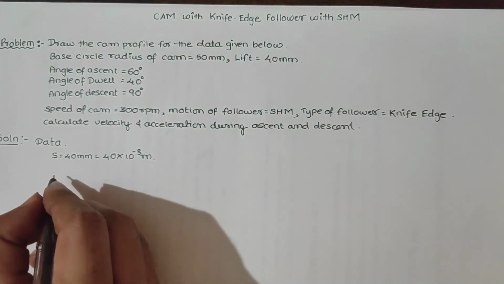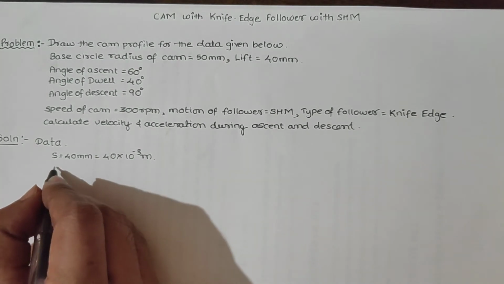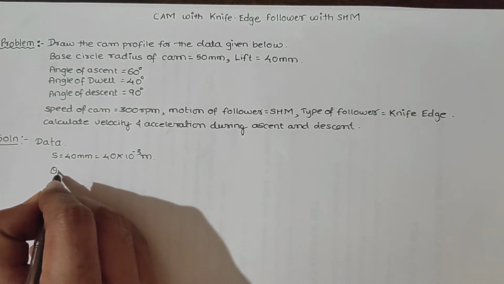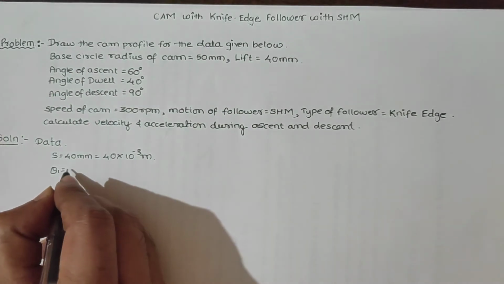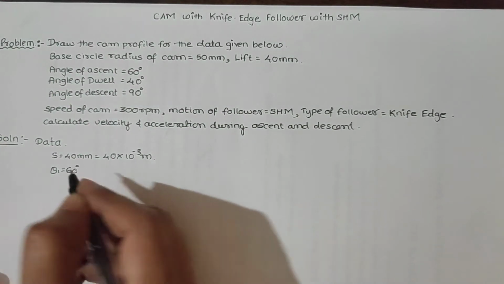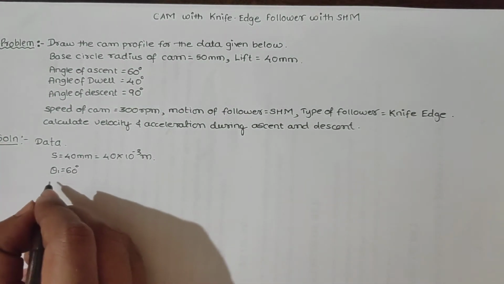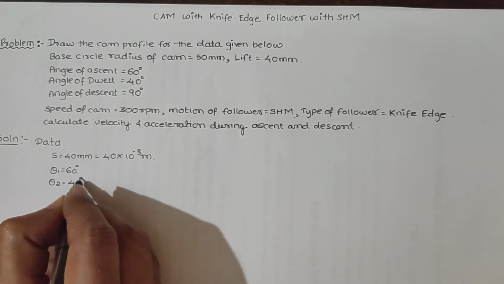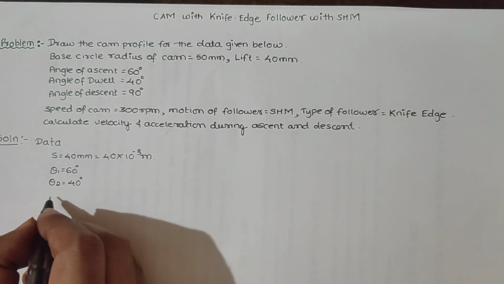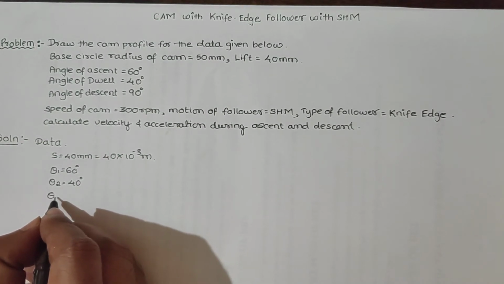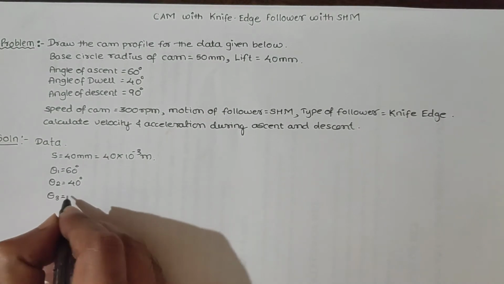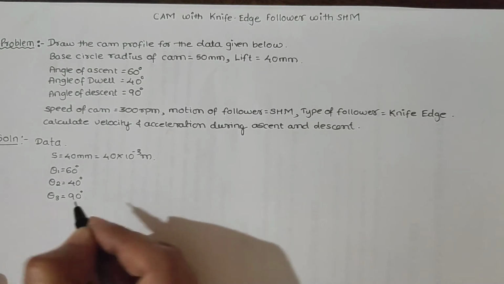Then we are having angle of ascent. The angle of ascent we can write as theta 1 equal to 60 degree. Then angle of dwell we'll write as theta 2 equal to 40 degree, and angle of descent we'll write as theta 3 equal to 90 degree.